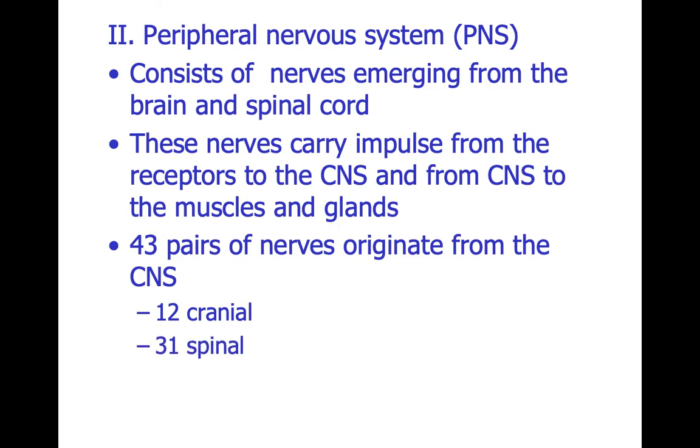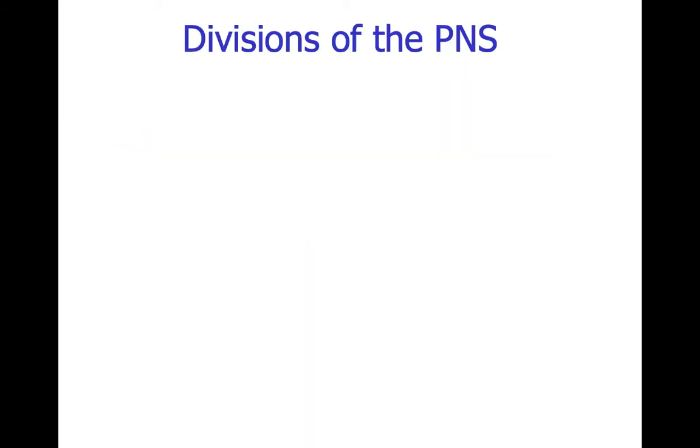And there are 31 pair that will originate from the spinal cord, and these are referred to as the spinal nerves. Now, at this point, we're done with the central nervous system. Okay, that's the control center. Now, we've got to look more closely at our peripheral nervous system. So under Roman numeral 2, we're going to have the divisions of the PNS, or the peripheral nervous system.